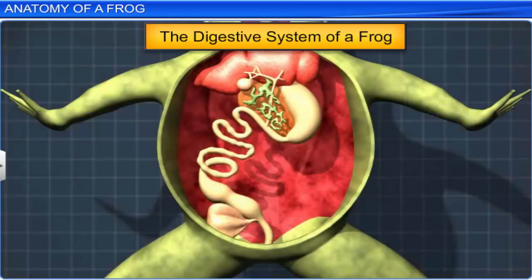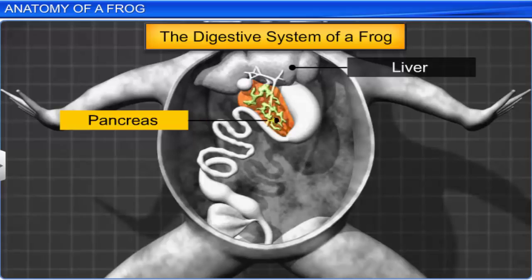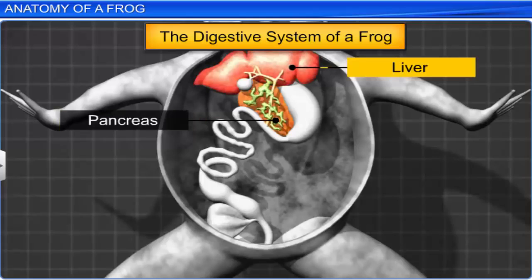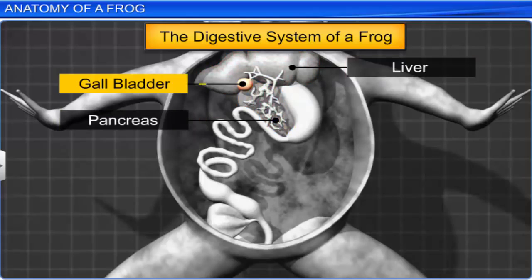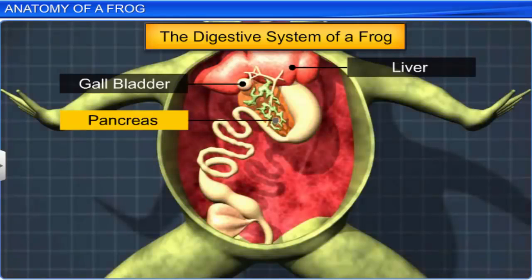Frogs possess two main digestive glands, the liver and pancreas. The liver secretes bile, which is stored in the gallbladder, while the pancreas produces pancreatic juice containing digestive enzymes.